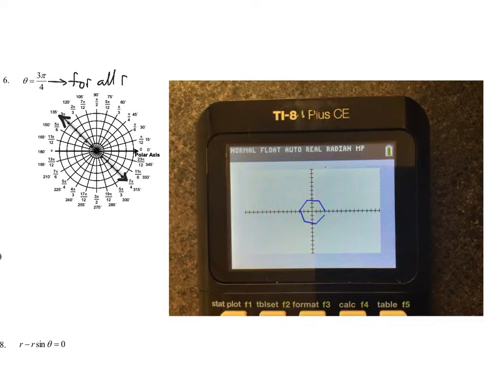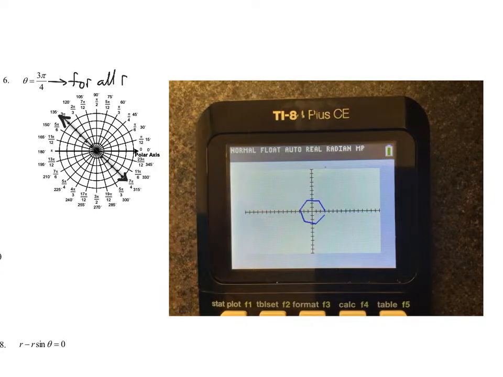It only simulates smoothness because when you plot it for a very small theta step, it's plotting every one of those little deviations of theta. So if I say go by 0.01, then every 0.01 of a degree or radian, depending on the mode, it'll plot a point and then connect those, so it simulates the appearance of the curve. If I make it too large, it's not going to show anything.